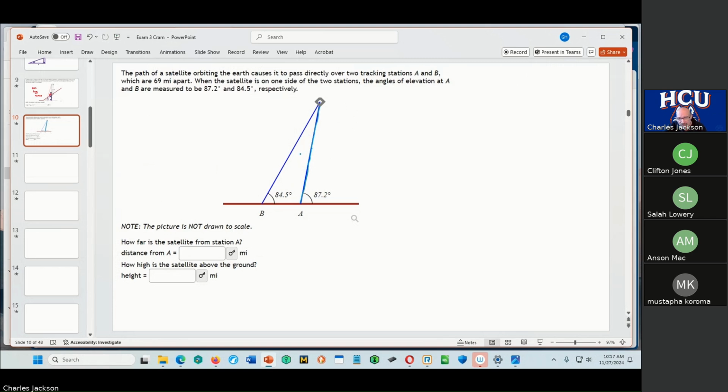And let's see what we can learn about this triangle that we see here.